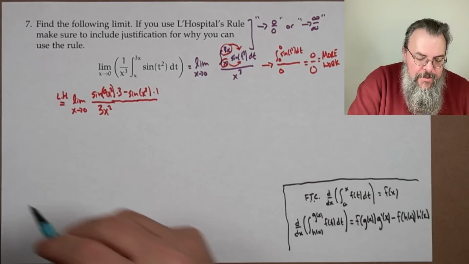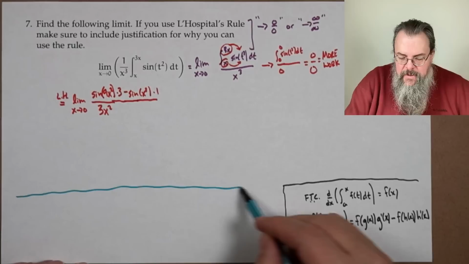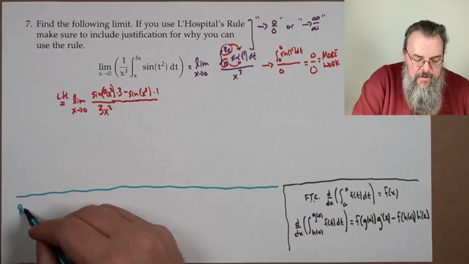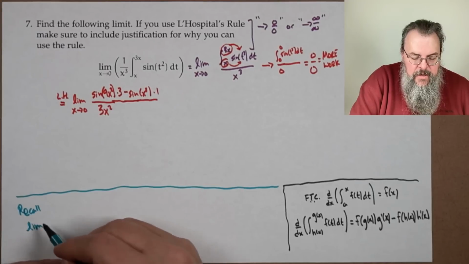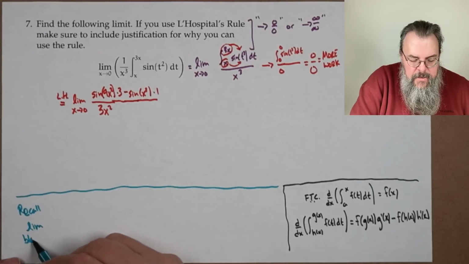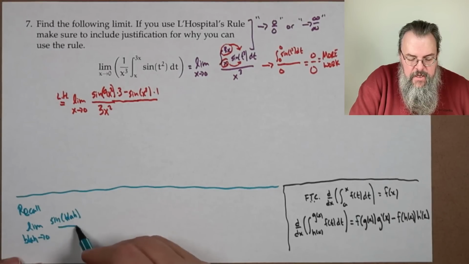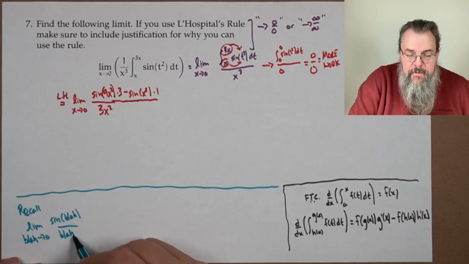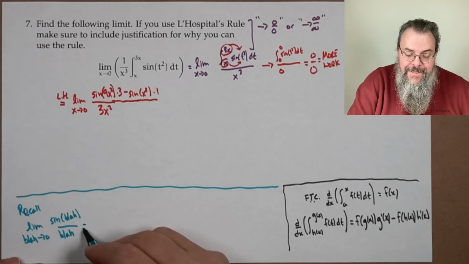So recall, we'll do it down here, that the limit as blah goes to 0, sine of blah over blah. Okay, do you remember this? Does what? It goes to 1.